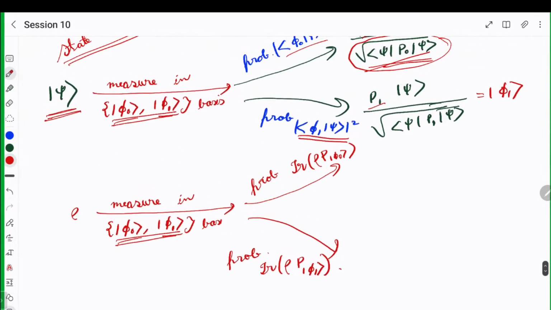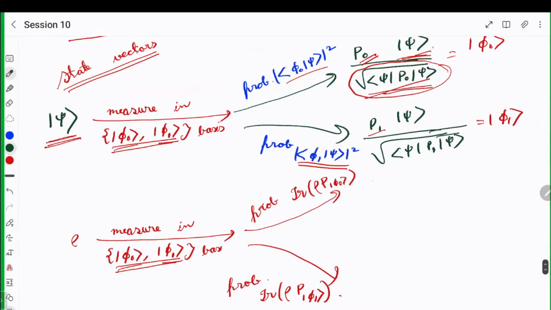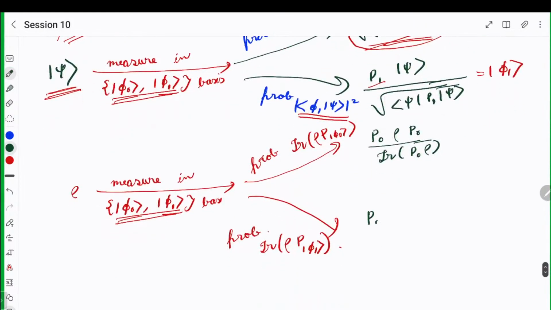And the post-measurement state would be P naught rho P naught divided by the trace of P naught rho P naught, and P1 rho P1 divided by the trace of P1 rho P1.